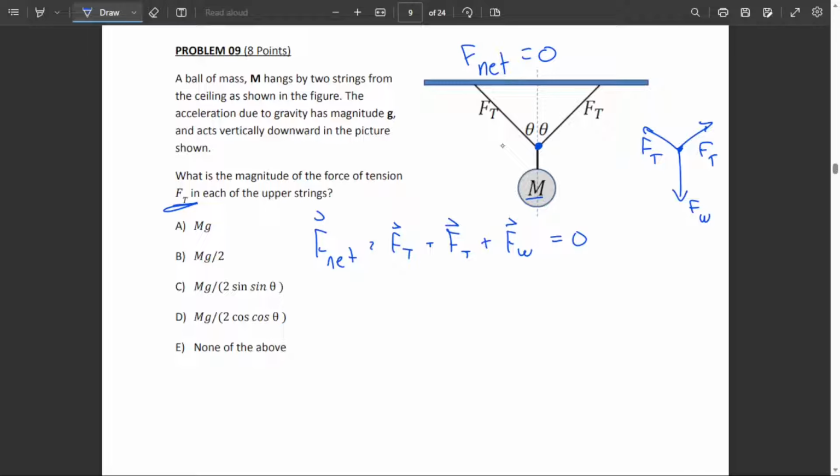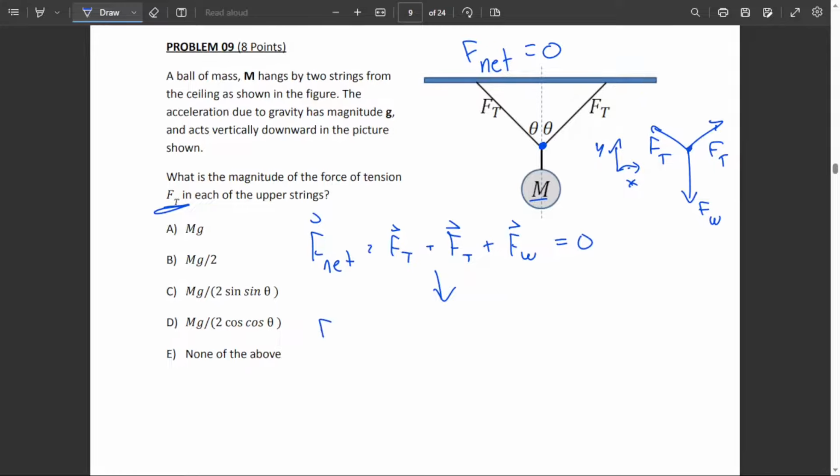We can calculate the weight force, that's just gravity times mass, and that will let us calculate what the tension force is. One thing to note, the force of weight is only acting in the y direction. So we can rewrite this entire equation, but just looking in the y direction. And that way we don't have to worry about messing with vectors and all that stuff.